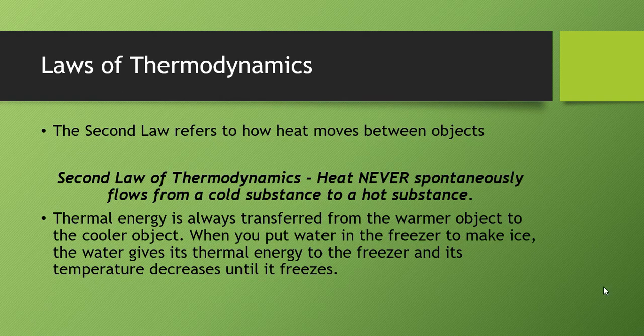Another example is when you put water in the freezer to make ice, that water actually warms the inside of the freezer. But as it's doing it, because the inside of the freezer is a much lower temperature than the water, the water in the container loses all of its thermal energy to the freezer, and it then turns into ice. It goes to the same temperature as its surroundings.